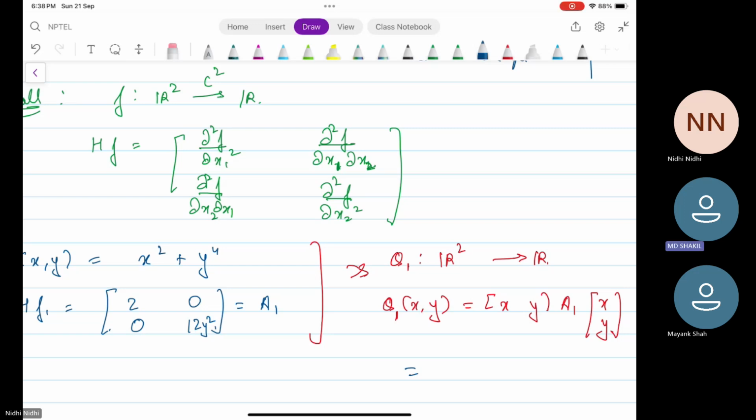This will be 2x square plus 12y power 4.